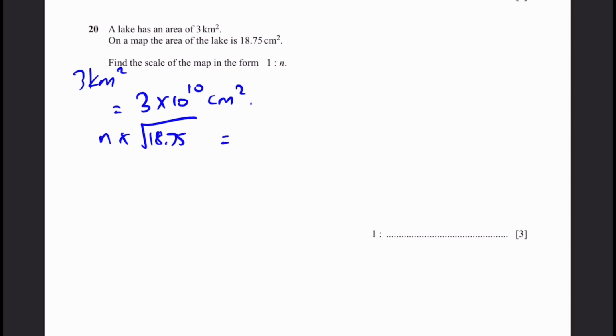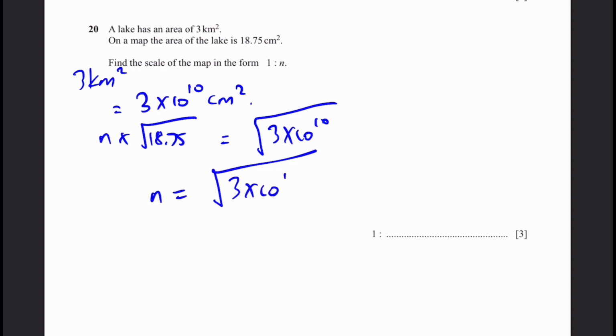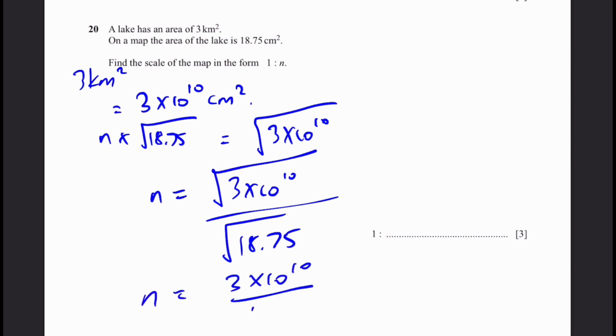That will be equal to the square root of 3 into 10 to the power of 10. Now n will be equal to square root of 3 into 10 to the power of 10 by square root of 18.75. And that means n is equal to 3 into 10 to the power of 10 by 18.75, whole thing square root.